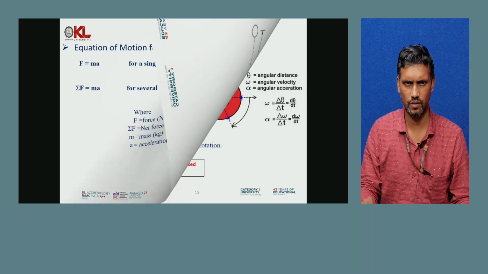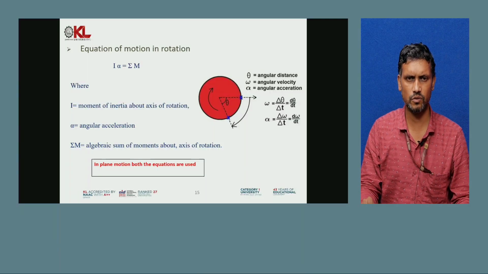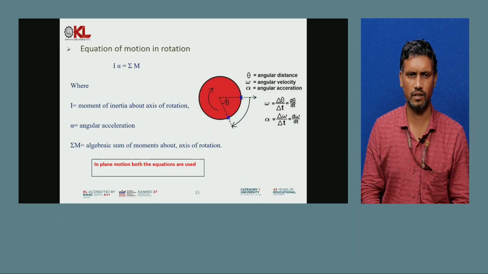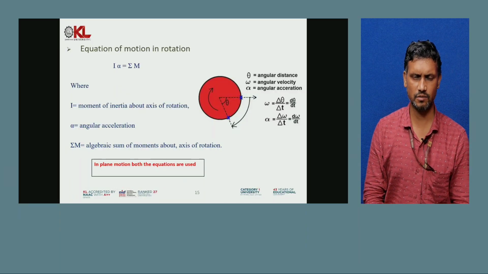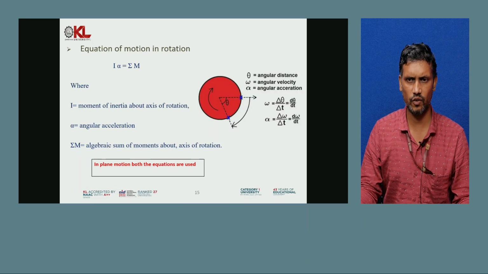Simple, you know. Now motion in rotational: for rotation it is I into alpha equals summation of M. Summation of M is nothing but moment, and I is moment of inertia about the axis of rotation, and alpha is angular acceleration. So summation of M equals I into alpha.